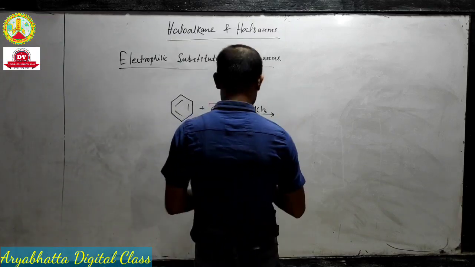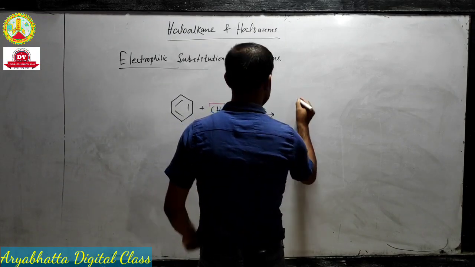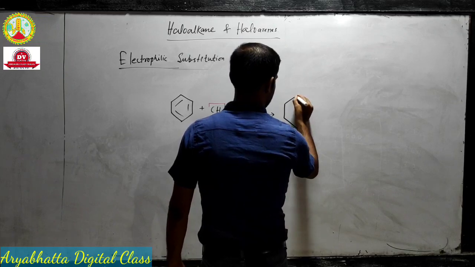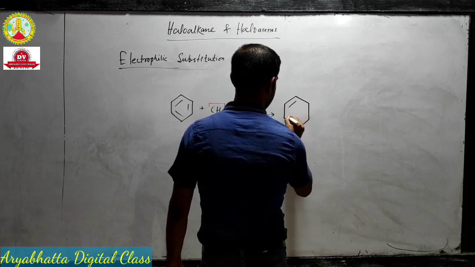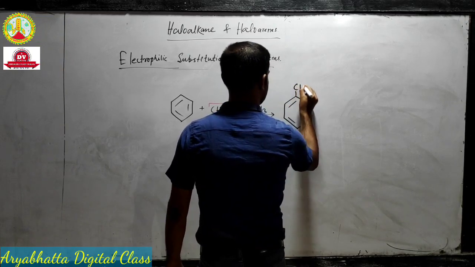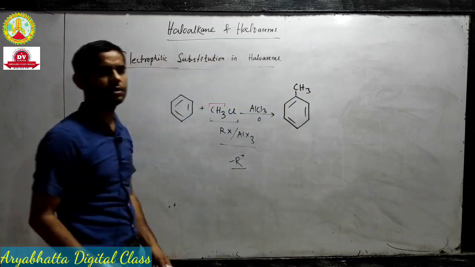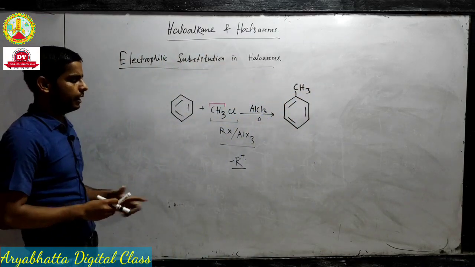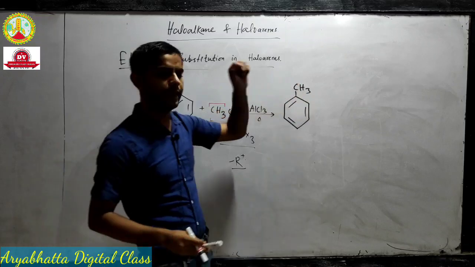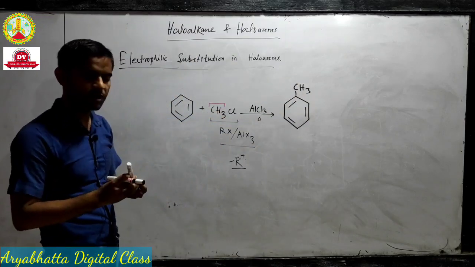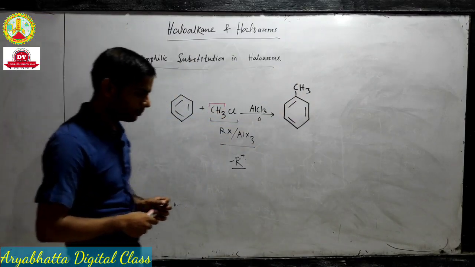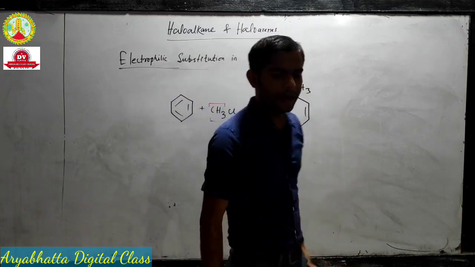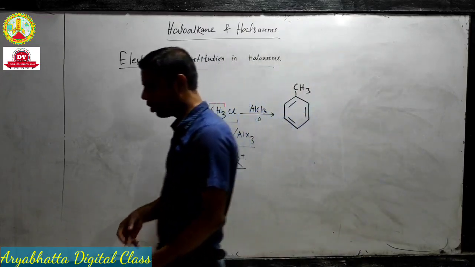So what will happen in the product? Directly you can write, so this is our product. The electrophile will directly get attached to the benzene ring.